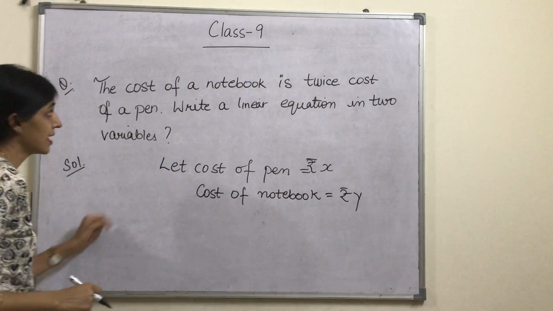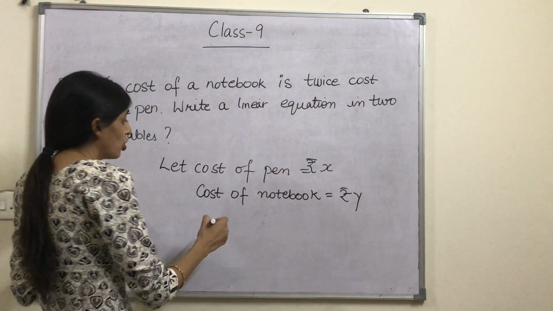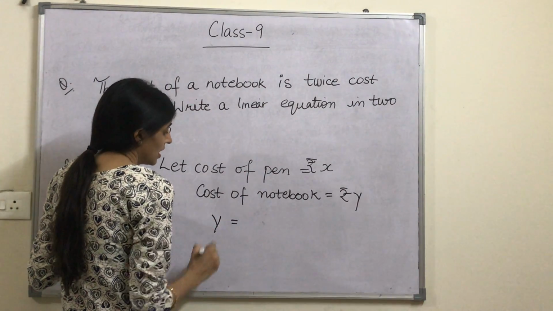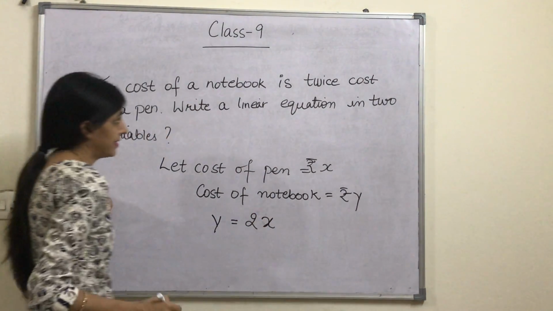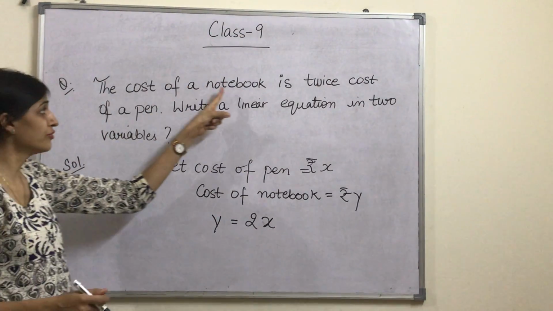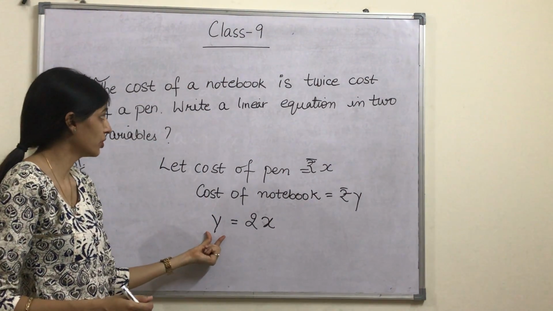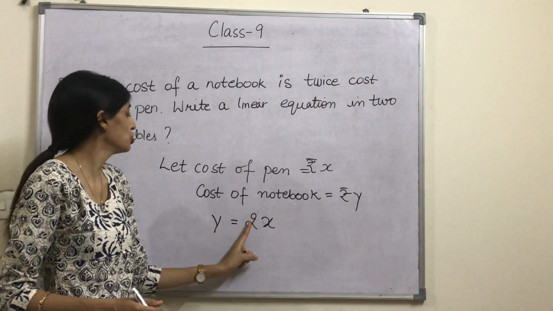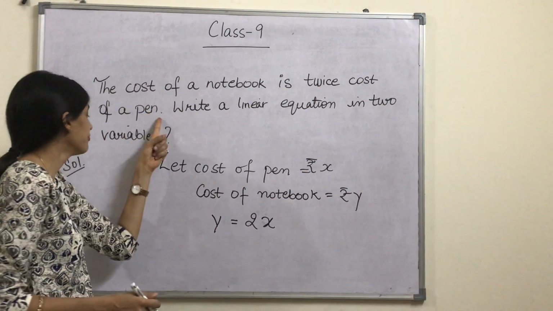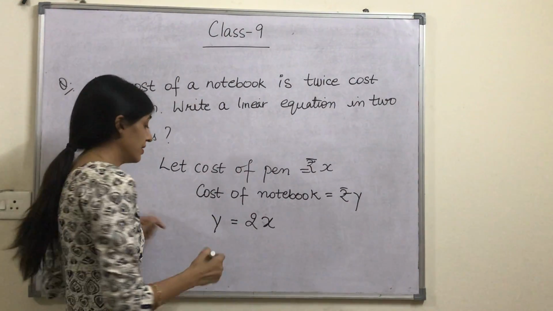Now they are saying the cost of notebook is twice the cost of pen. So y equals 2x.